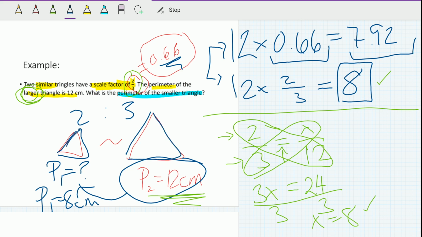So if you think about it, 12. How can I break up the 12 into, let's use a different color, 3 even sections? If you really want to think about it, you're not really creating this as an equilateral, you're just breaking up the sections. So what I can do is add 4 three times, right? 4 three times.